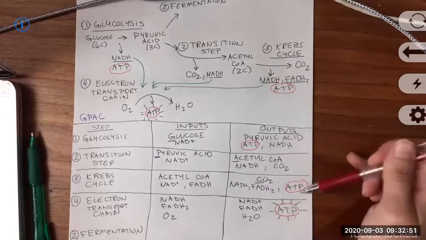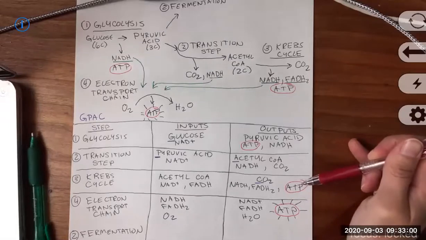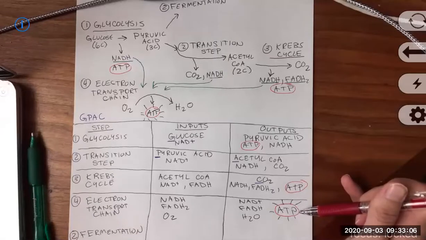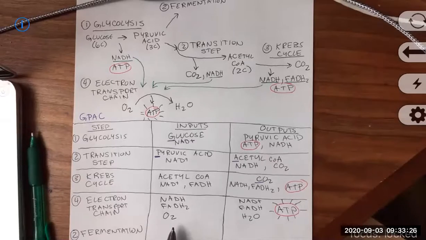In these 2 earlier steps, glycolysis and the Krebs cycle, ATP was generated by what is called substrate level phosphorylation, where it's just a straight reaction of adding the phosphate onto the ATP. And here in the electron transport chain, as part of respiration, ATP is generated through oxidative phosphorylation using proton motive force. The other thing I want to point out about the electron transport chain here is that I showed this using oxygen.